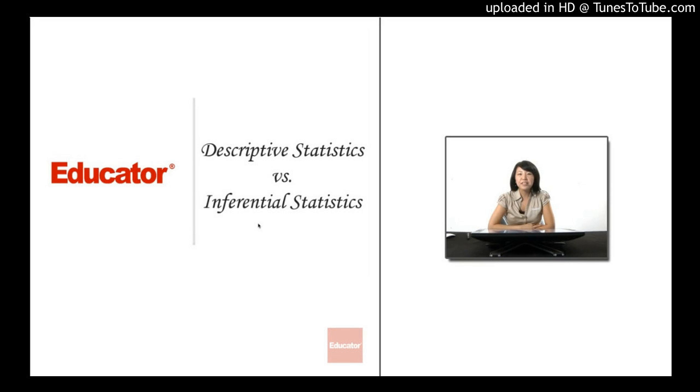So platykurtic means this is flatter than normal, so smaller peakness than normal. So that would be something that looks more like this. So that's platykurtic right there. So those are our 3 interpretations of kurtosis. Now let's go to our Excel examples and look at kurtosis there.